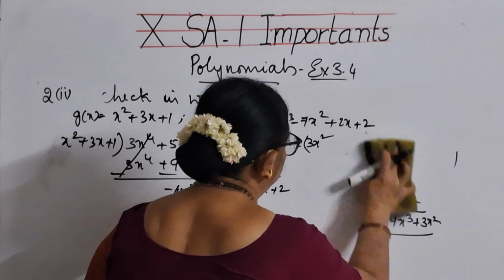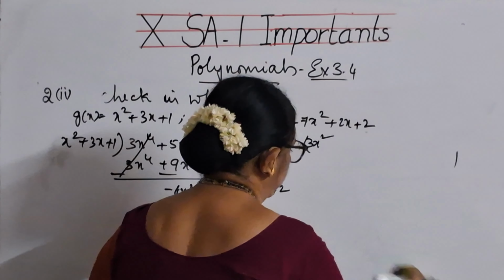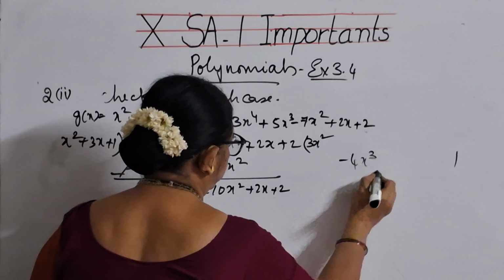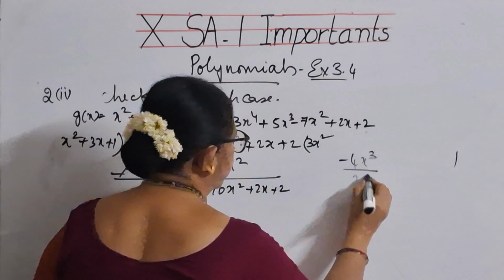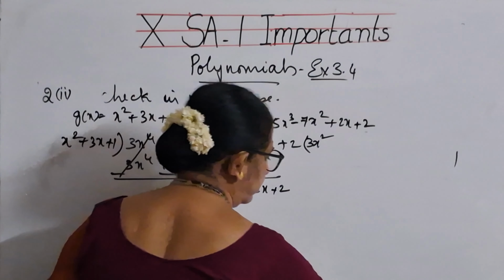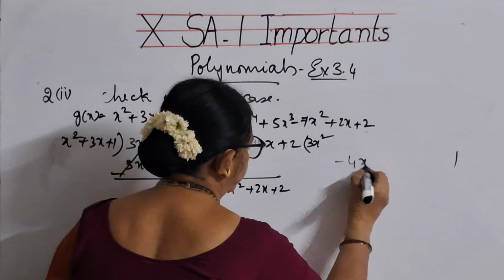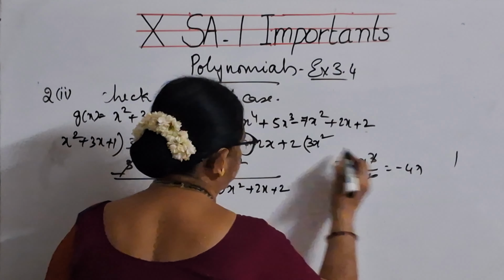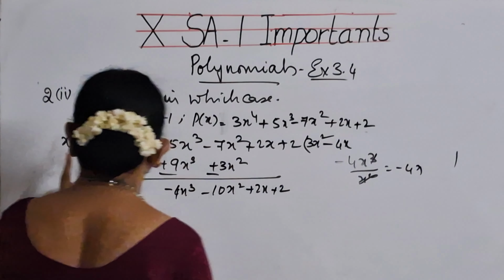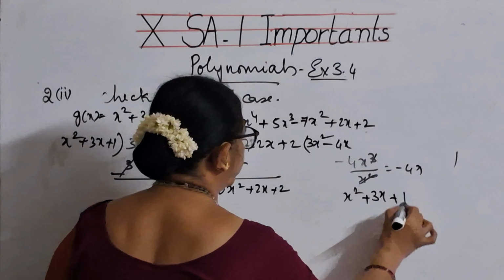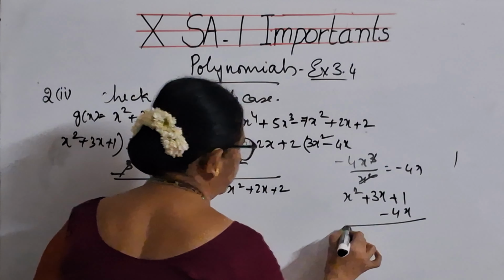Now let us see the next one, that is minus 4x cube divided by x square. How much are you getting when minus 4x cube is divided by x square? You are getting minus 4x. So take minus 4x. Now x square plus 3x plus 1 into minus 4x.